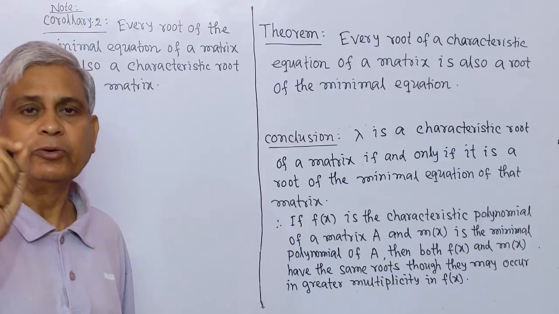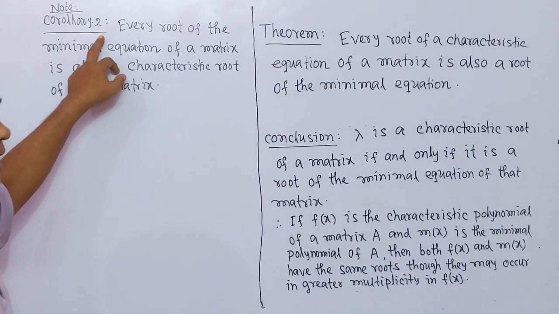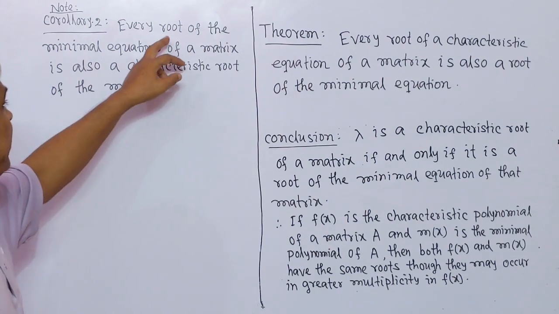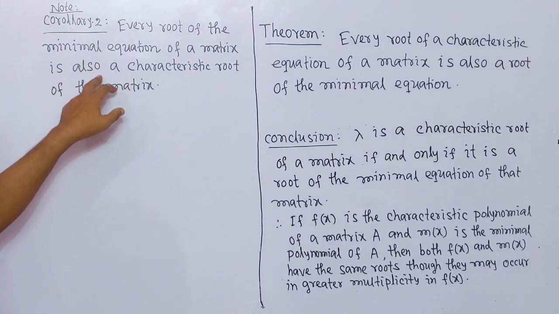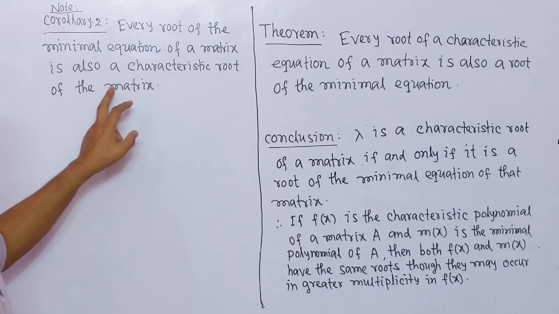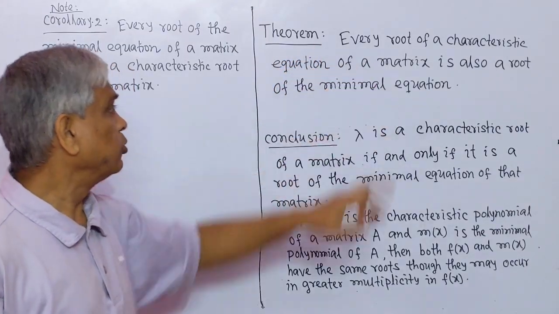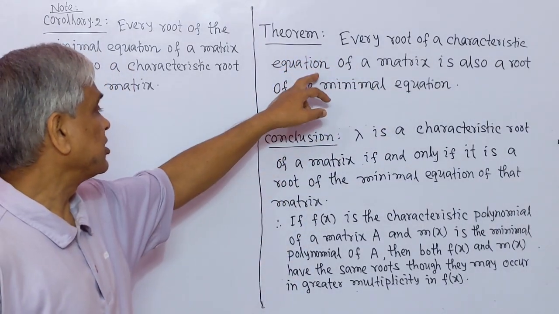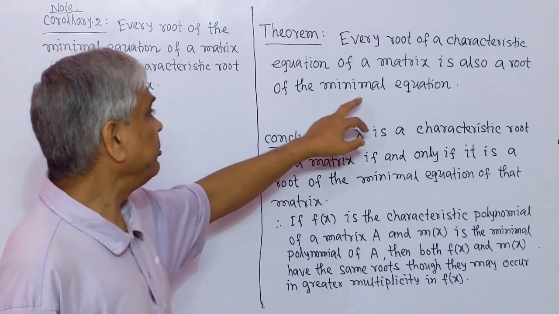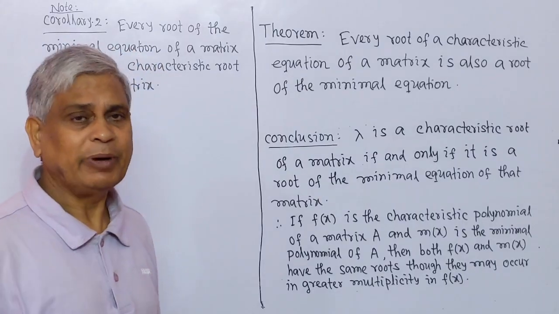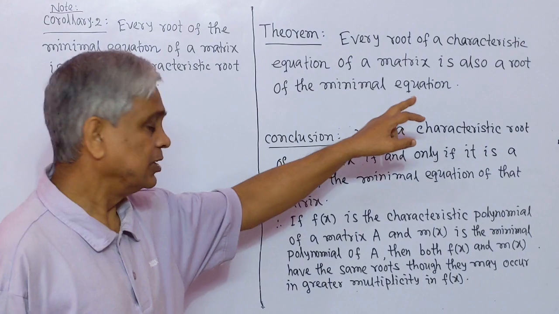Now we have a note. Since from corollary 2 we have seen that every root of the minimal equation of a matrix is also a characteristic root of the matrix, and from this theorem every root of a characteristic equation of a matrix is also a root of the minimal equation. This is the converse of this and this is converse of this.